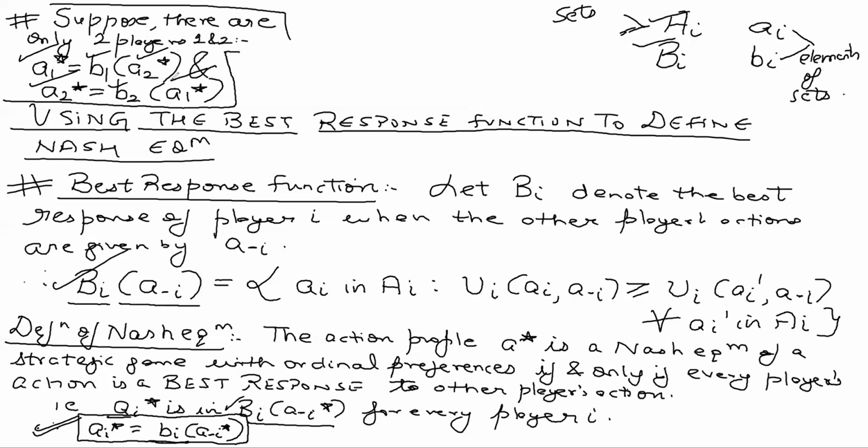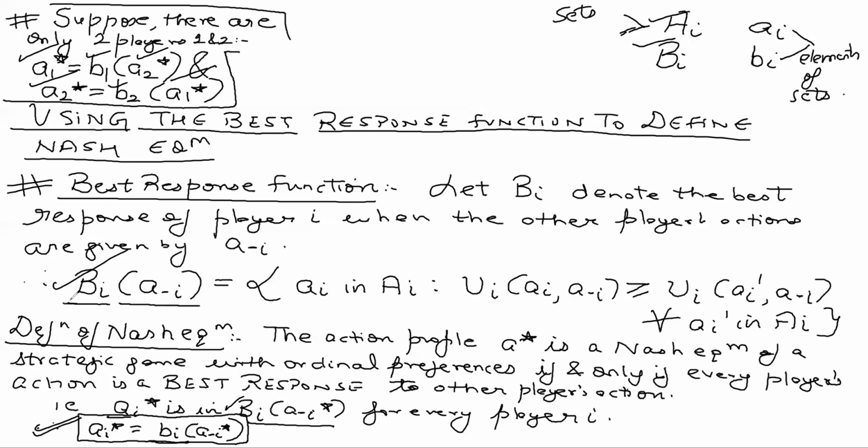So I hope all the students have understood the definition of best response function. I'm quickly revising with you. Let capital B_i denote the best response of player i when all the other players' actions are given by A_minus_i. This best response function is also a set. It's not an element, it's a set.